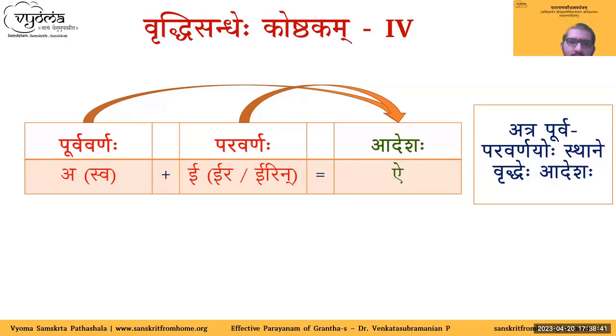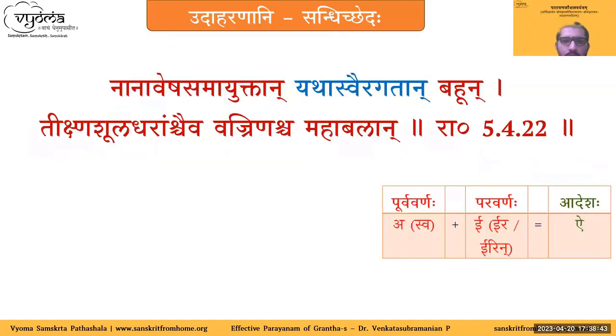So we get Svaira. We can see in this shloka: Nana vesha samayuktan yatha svaira gatan bahun, tikshna shula dharamshtaiva vajrinashcha mahabalan. This is a shloka taken from Sundarakanda of Ramayana. Yatha svaira gatan bahun.